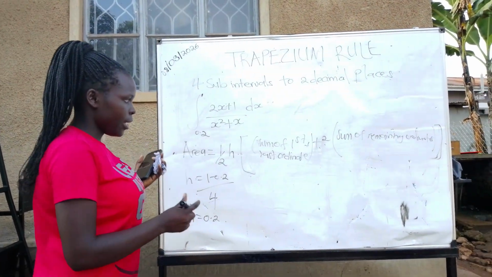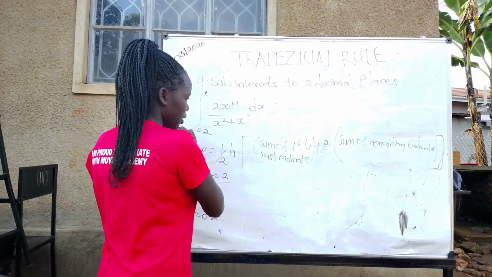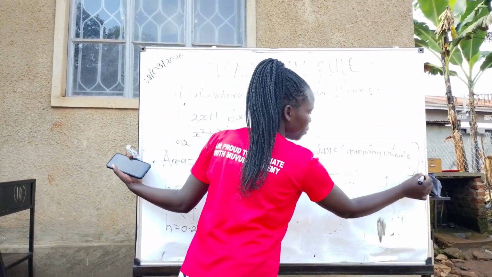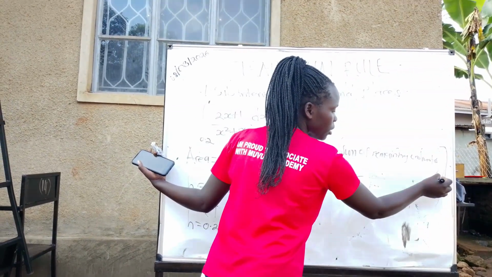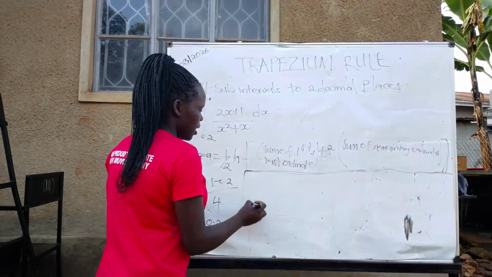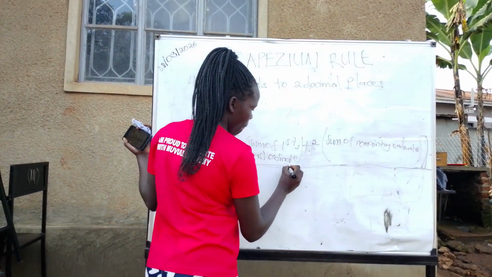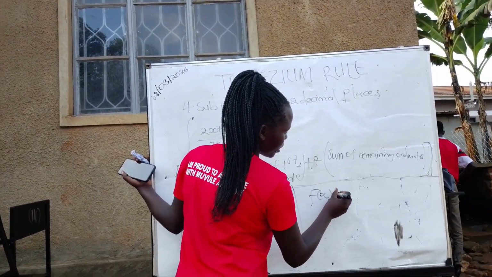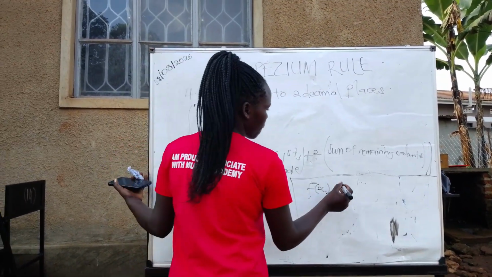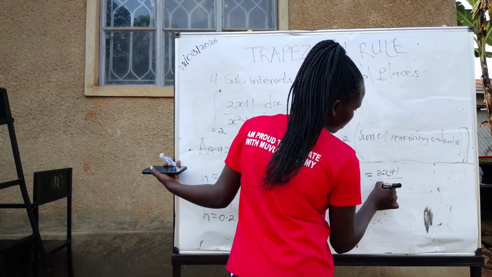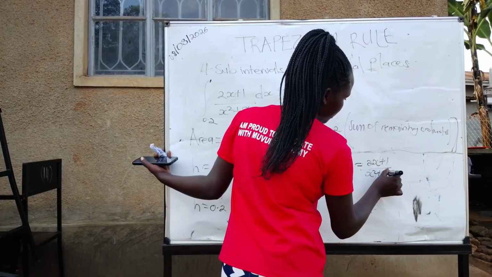And then from there, we are going to draw a table which contains x values and f of x values. Our f of x equals (2x plus 1) over (x squared plus x).